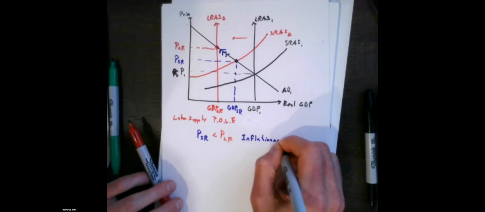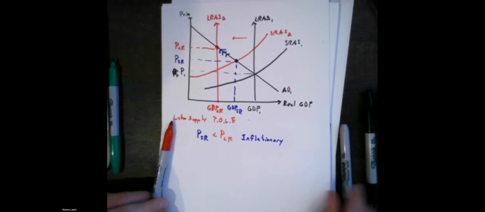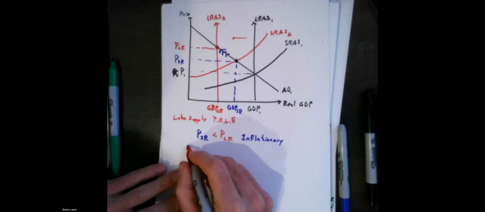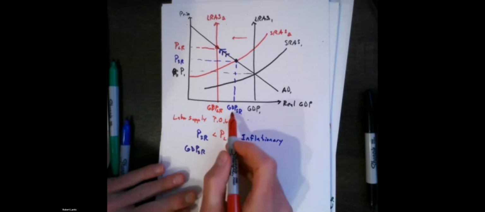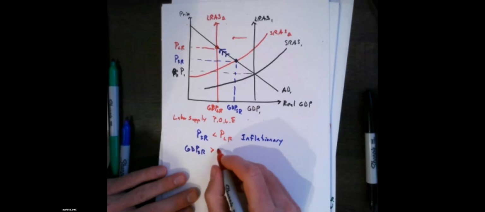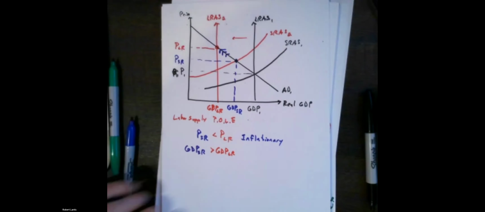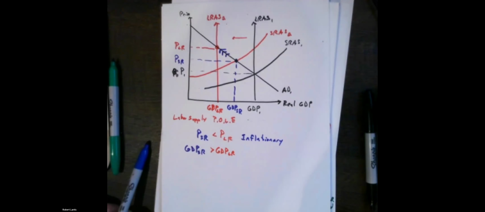Or we could think about we have this inflationary gap. Another indicator of this inflationary gap is the fact that when we're looking at GDP in the short run, it's actually greater than my GDP in the long run, which tells me that economic conditions are good.